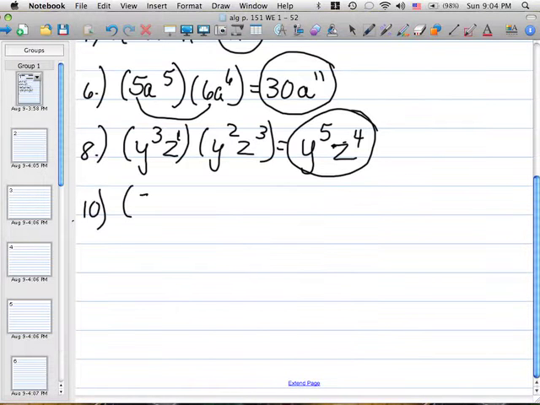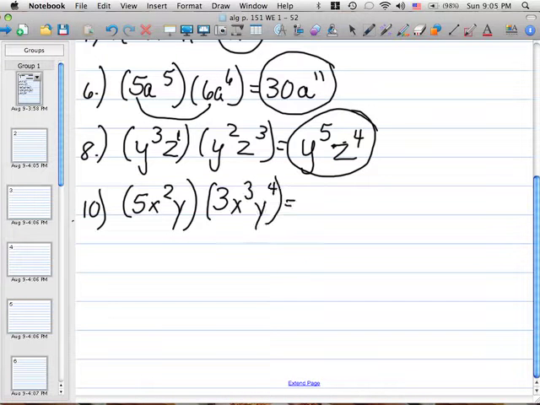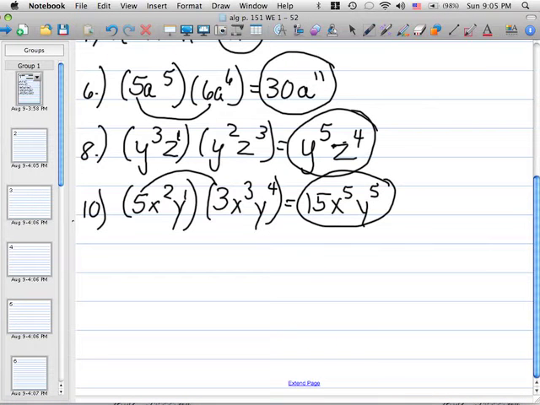Problem number 10, you have 5x squared y times 3x cubed y to the 4th. Multiply the 5 and the 3 together, you get 15. X to the 2nd, x to the 3rd, that's a total of 2 plus 3, 5. Y to the 1st, y to the 4th, that'd be y to the 5th, adding the exponents.